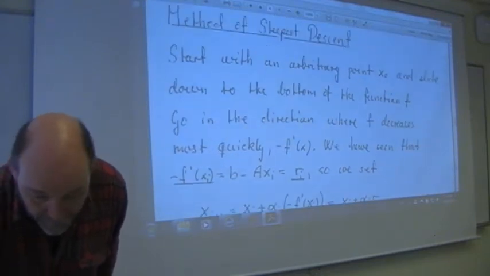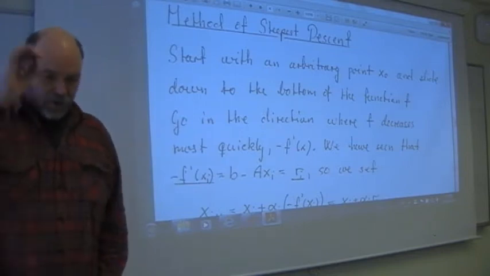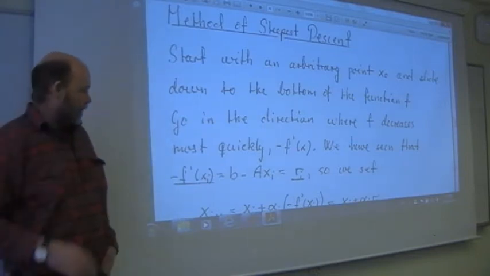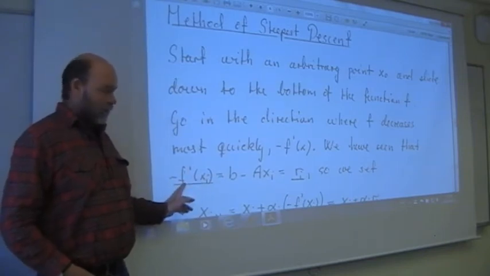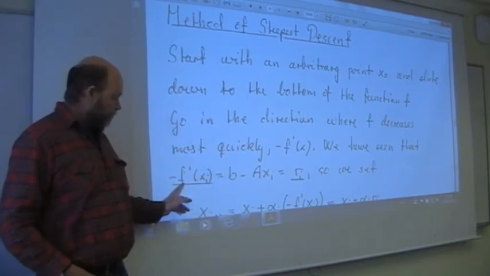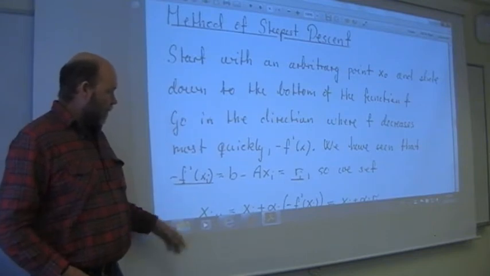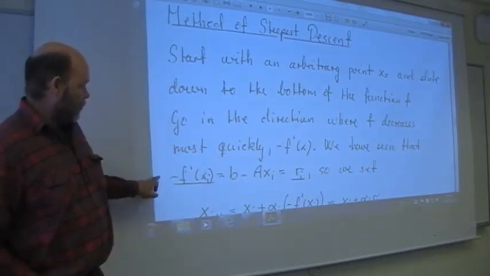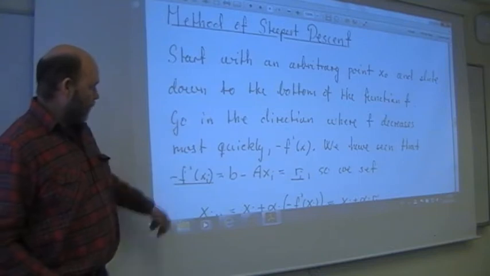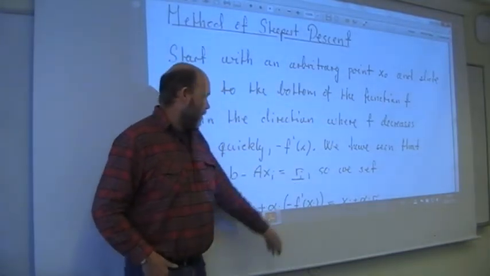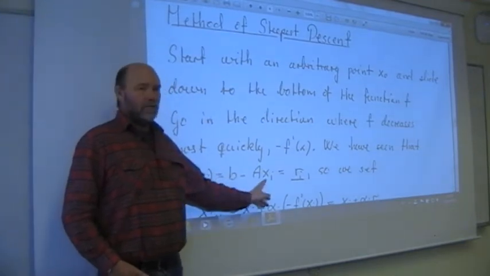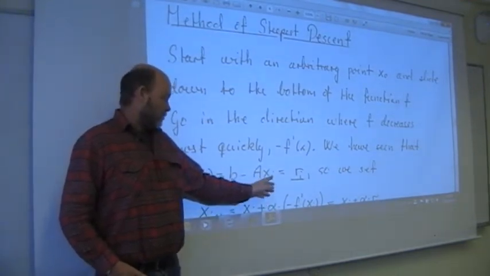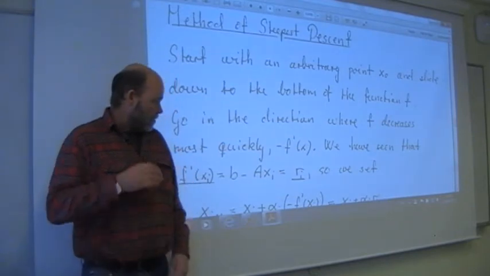But the philosophy behind it is fairly easy, because if you're standing at a point, you can calculate the local gradient then of our functional f, and then from the equation system, minus f derivative, well, that's equal the residual, which can easily be found at that location, x1, or x for all the different x's here.